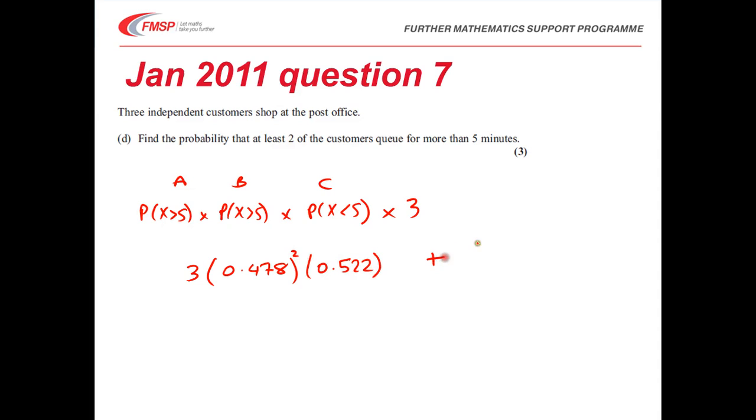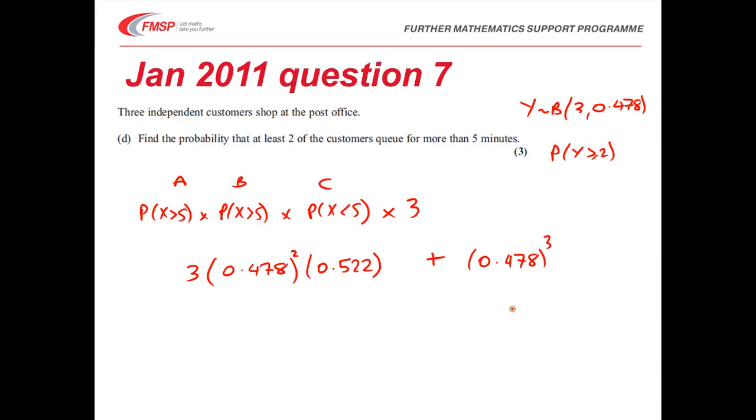But of course, you can have the situation where all 3 queue for more than 5 minutes. Okay, so really what you could do if you wanted is you could set this up as a binomial of 3 people, 0.478 being your probability of success, and you're looking for the probability of Y being greater than or equal to 2. That is another way of thinking about this question.